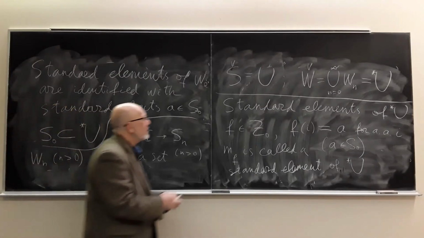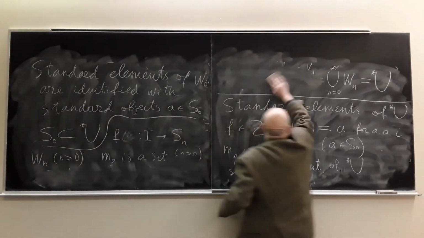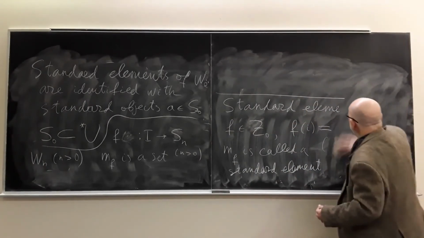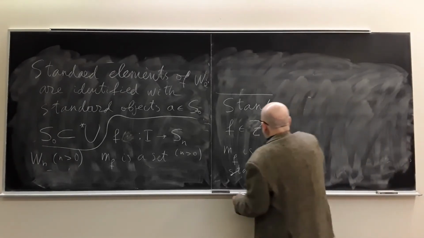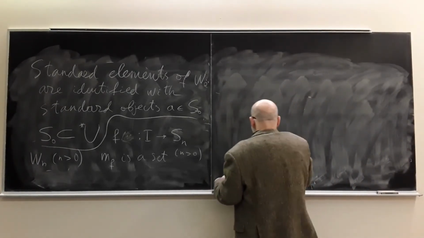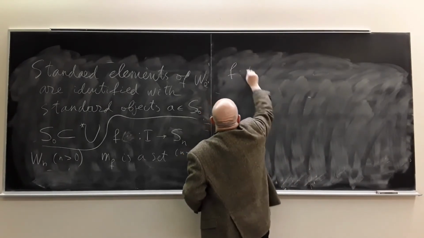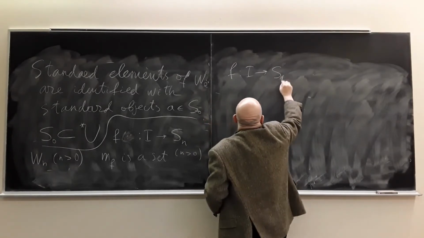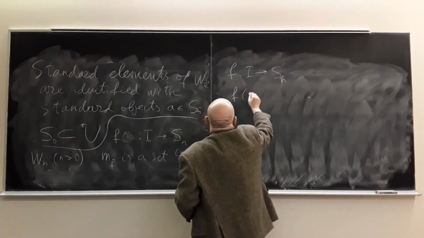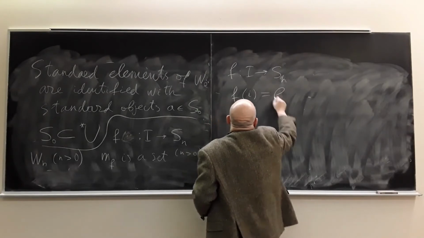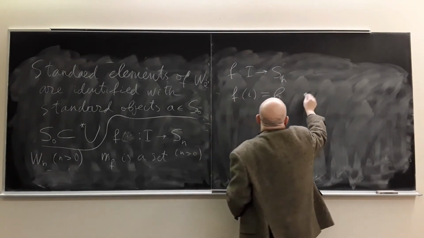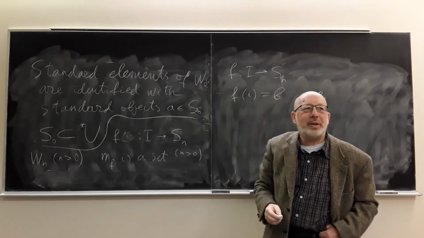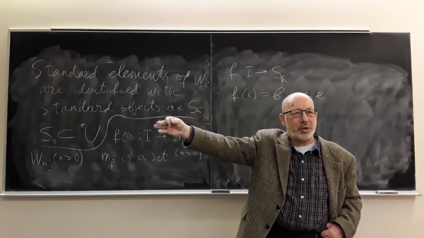So in this case, one moment. So f of I and S1, for example, Sn, and f of I equals some b almost everywhere, for example. So this is an almost constant function.